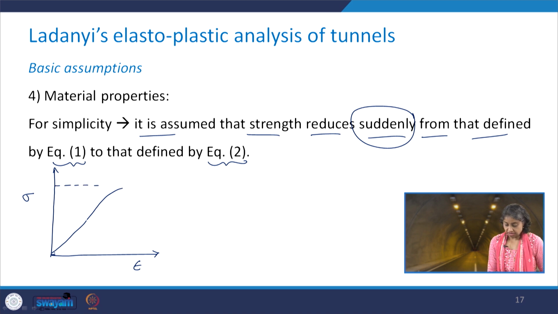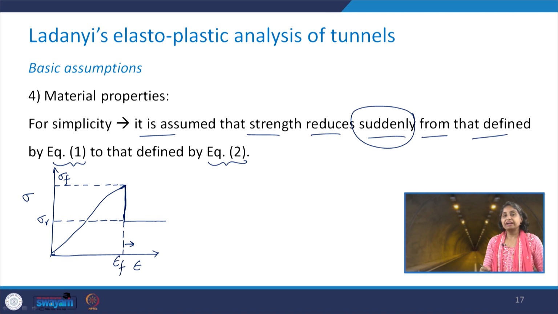Here we have the failure stress, let us say sigma f, and then there is the sudden drop, and then we have this value as sigma r, which is for the broken rock mass. So, you see that there is a sudden change in the strength from the original one.